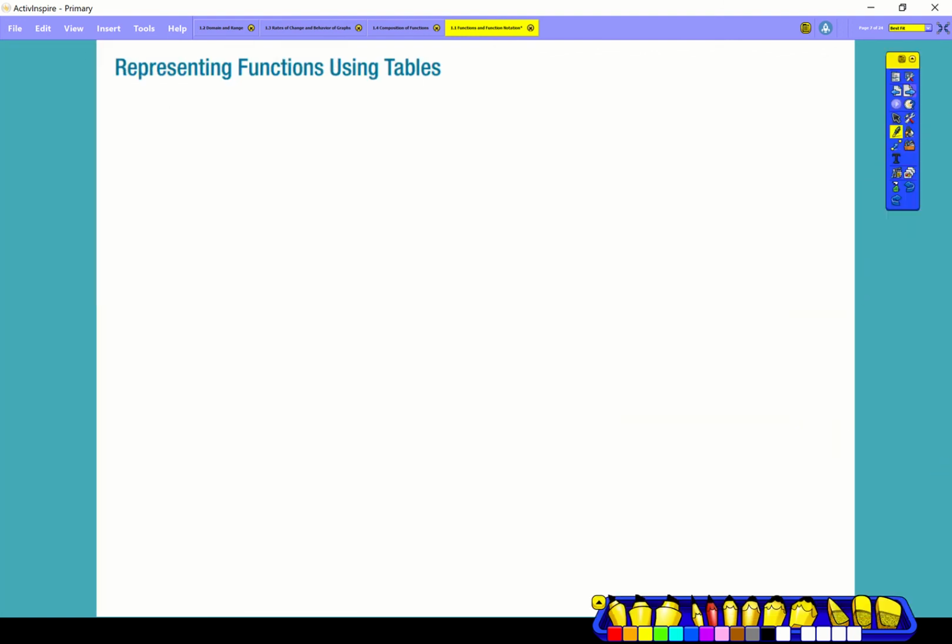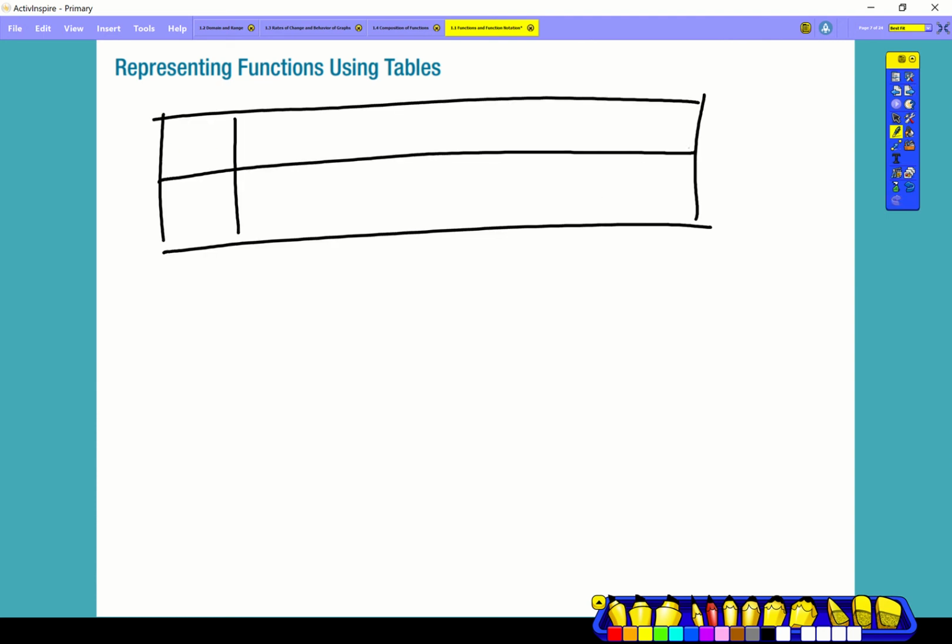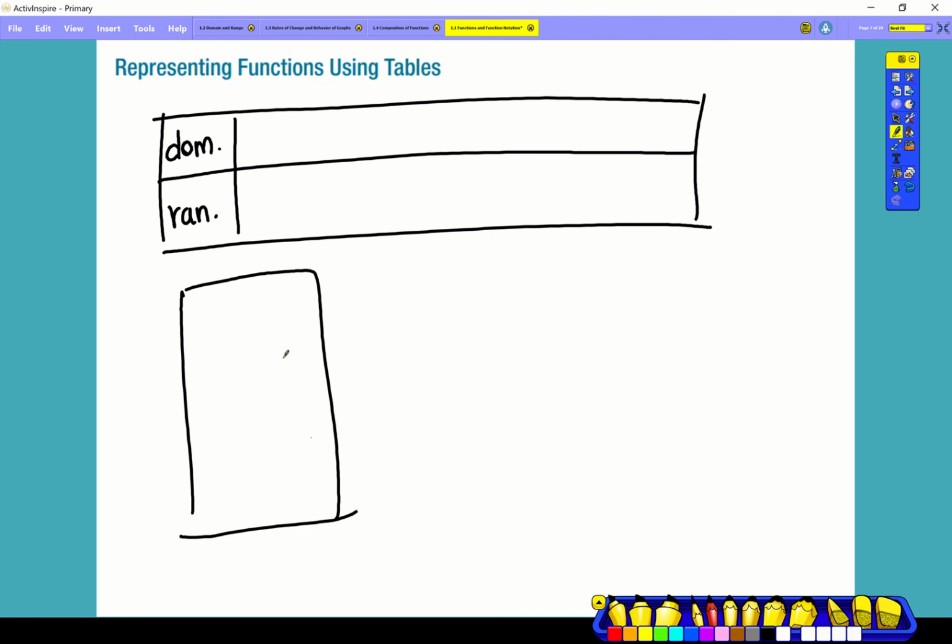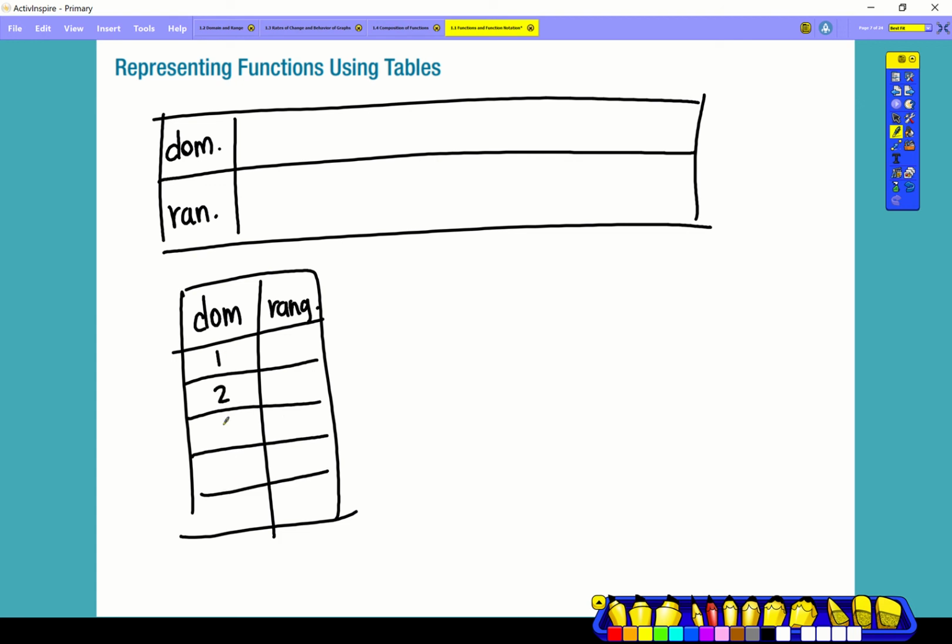So representing functions using a table. Like we were saying, there's two ways to do this. This is your domain, and this is your range. Now what you do not want to see is something like 1, 2, 2, 4, 1, 3, 7, 9.